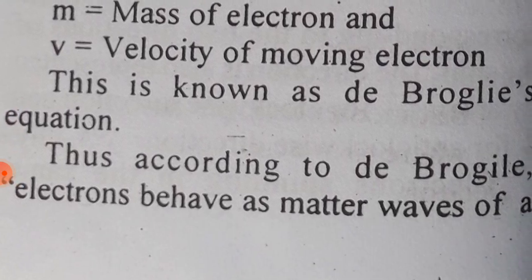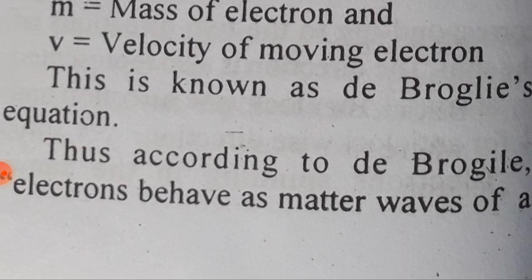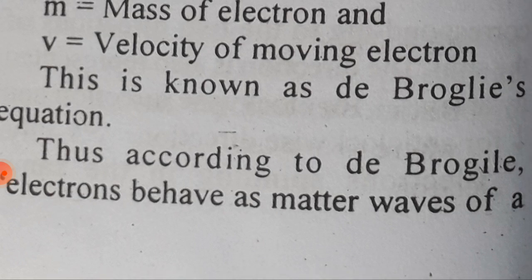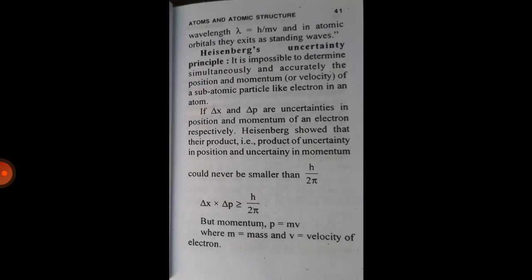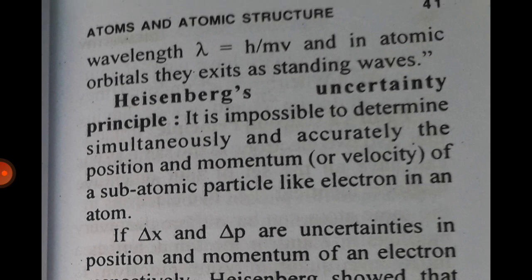This is known as de Broglie's equation. Thus, according to de Broglie, electrons behave as a matter wave of wavelength lambda equal to h upon mv, and in atomic orbitals they exist as standing waves.